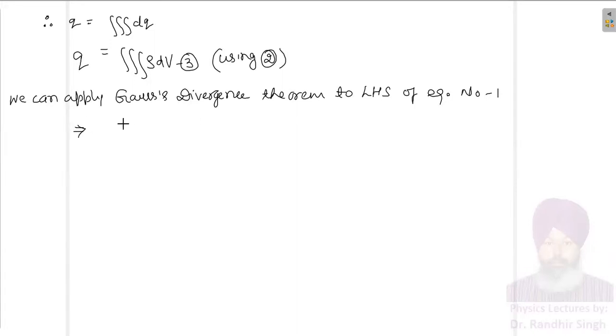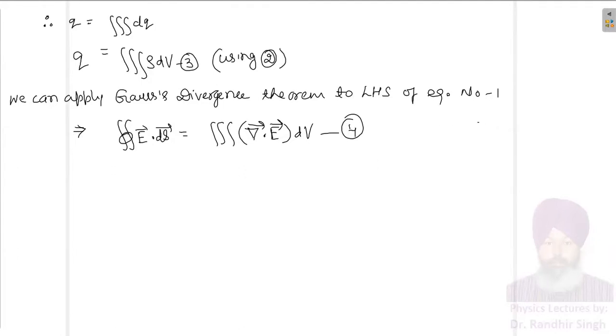According to this, double integration of E dot ds could be very easily written as triple integration of del dot E dv. So this is my equation number 4.